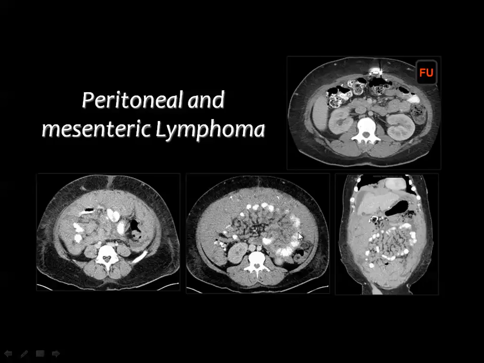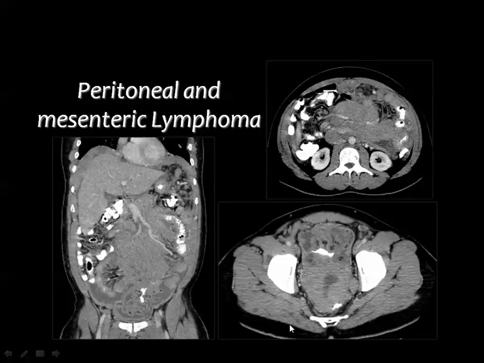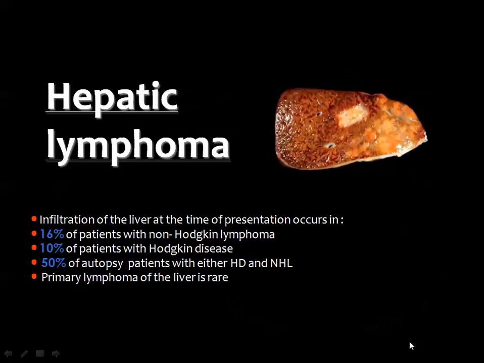for example. Then we see here the presence of bulky lymph nodes around the root of the mesentery, together with masses in the greater omentum, and also masses in the peritoneum in the pelvis. Then you may suspect the diagnosis of lymphoma, and many times you need the help of guided biopsy.